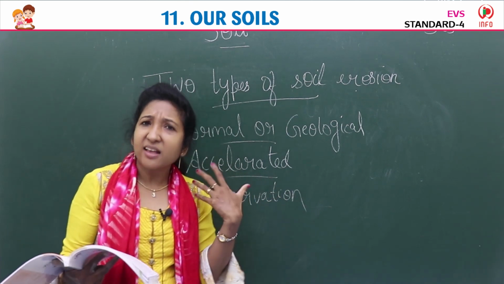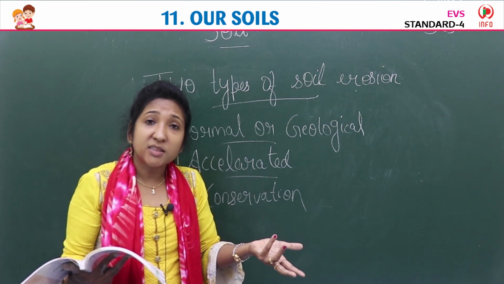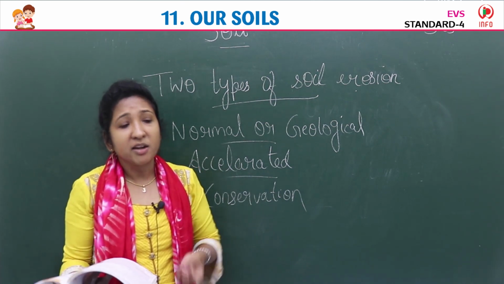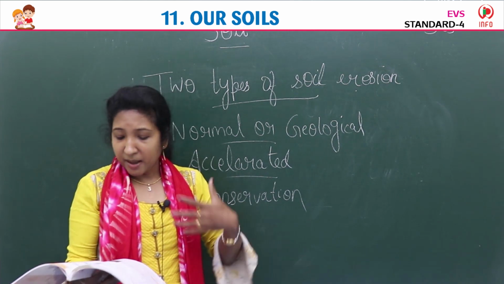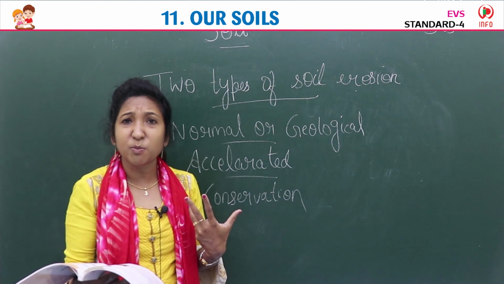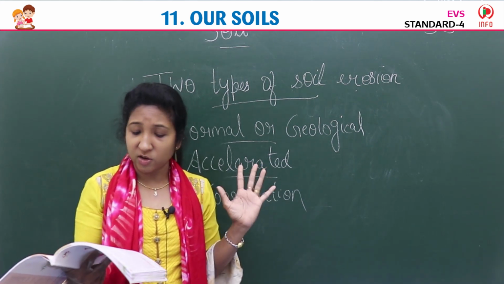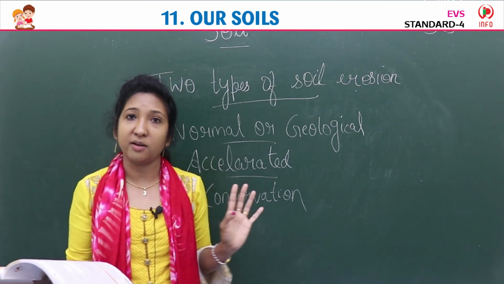How do these metals and acids get into the soil? Soil gets mixed with these things because of human activities, dumping waste from industries, dumping household waste and all local waste disposal. Because of these things, soil gets mixed up with metals, acids and all, and soil gets contaminated or polluted.